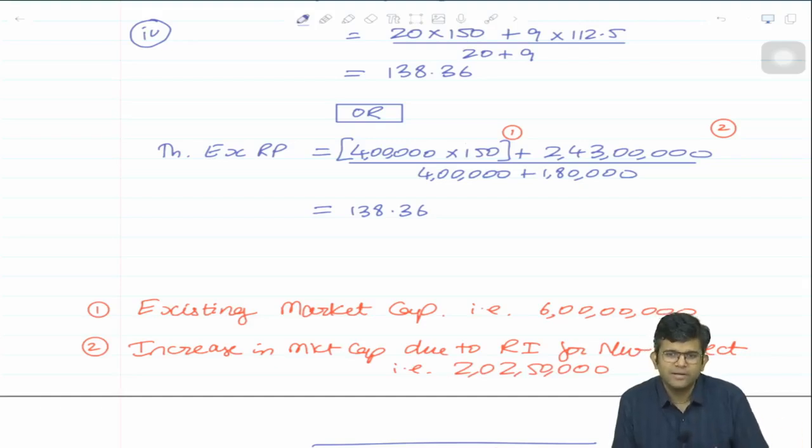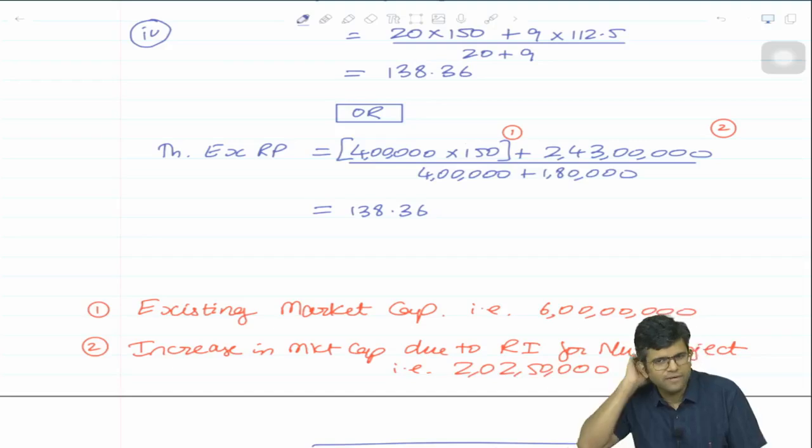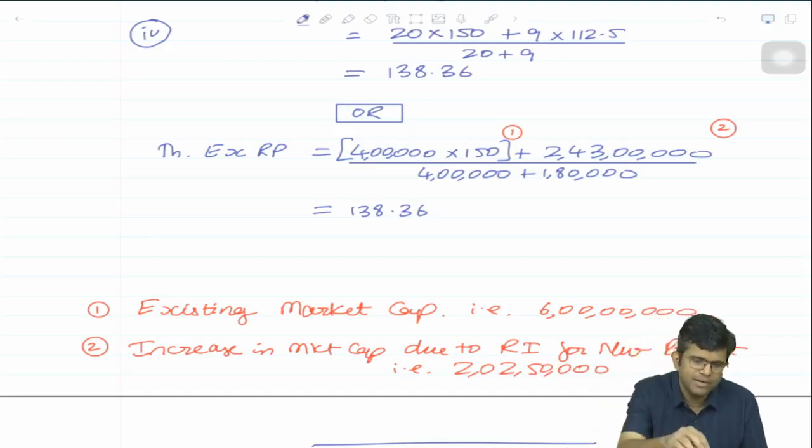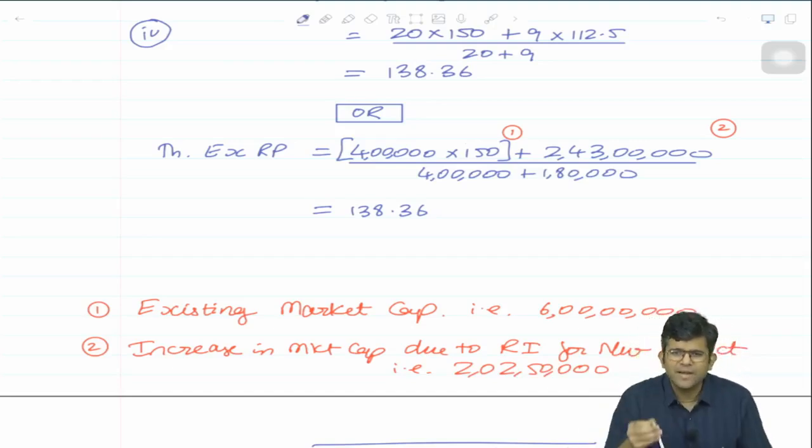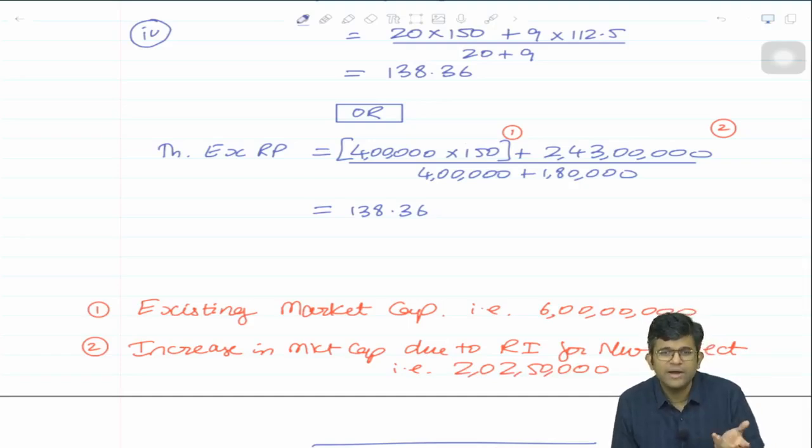When you pay 2 crore 2 lakh 50,000, your company's value will increase by 2 crore 43. Everyone following till here? That is why capital budgeting says go for positive NPV projects. It will increase the value and the wealth of the shareholders. That's the whole logic. Market price will get affected positively.